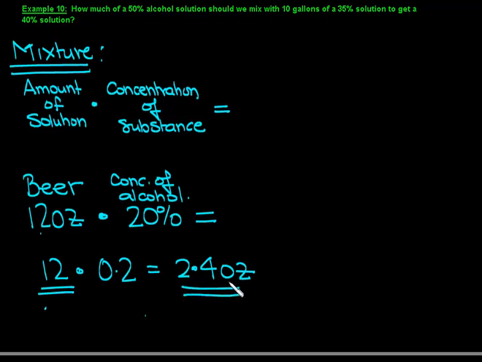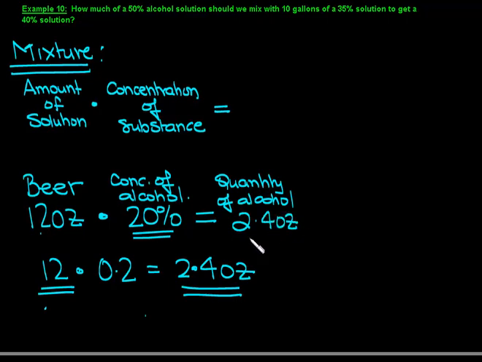That is actually the amount of alcohol in the beer. This tells you the concentration. So if I take my concentration and multiply it by the amount of beer, that'll give me the amount of alcohol. So this tells me the quantity of alcohol, which in this case is 2.4 ounces.